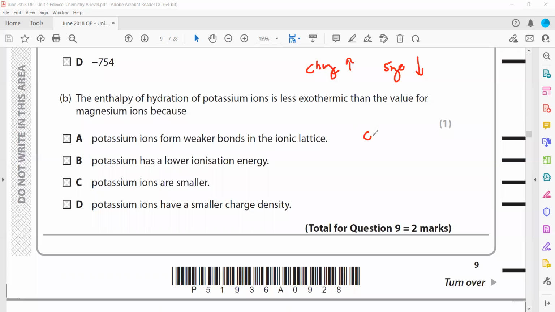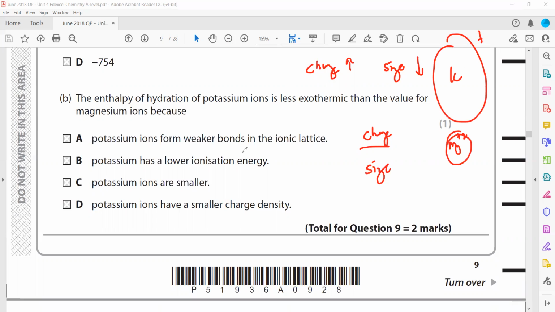Charge divided by size is called charge density. Magnesium has a smaller size and greater charge. Potassium has a large size and small charge, so potassium has a smaller charge density. That's why its hydration energy is lower.